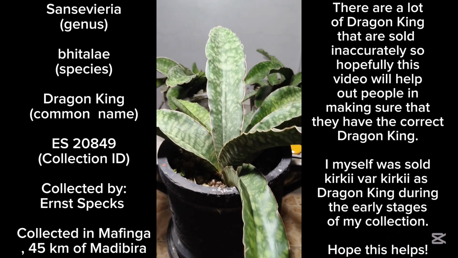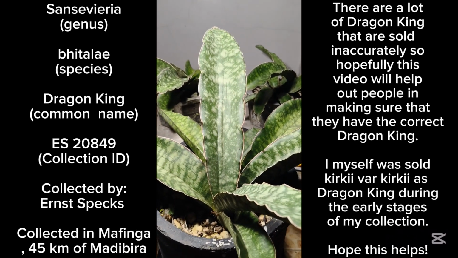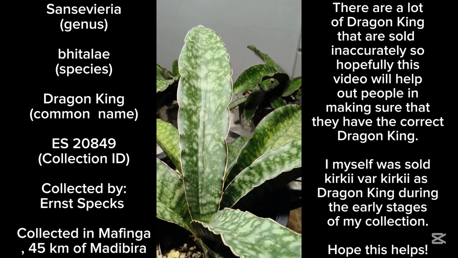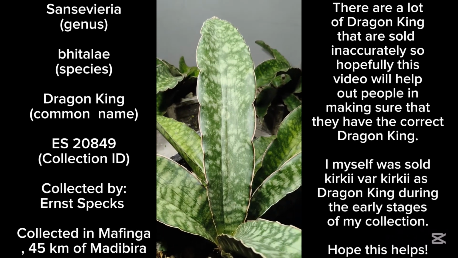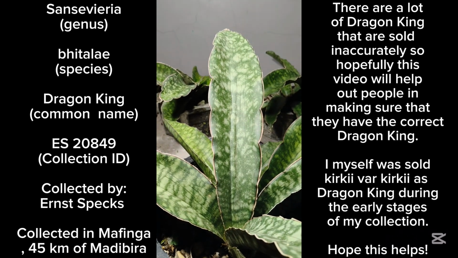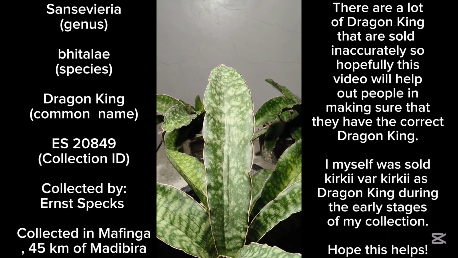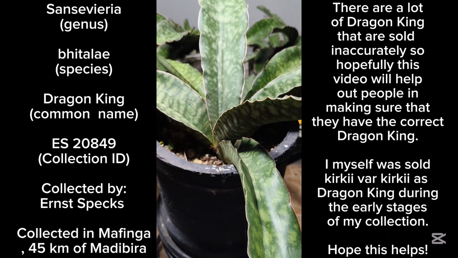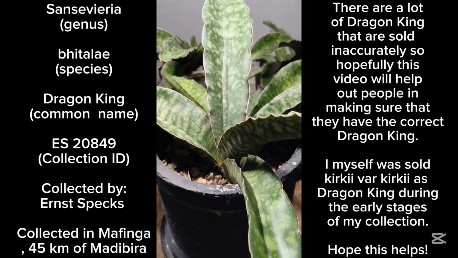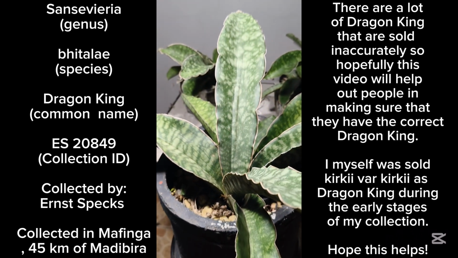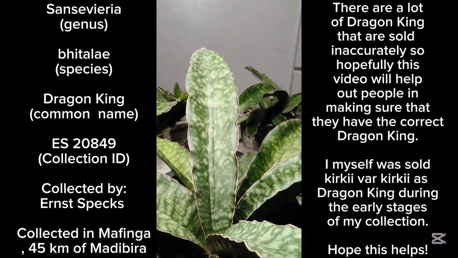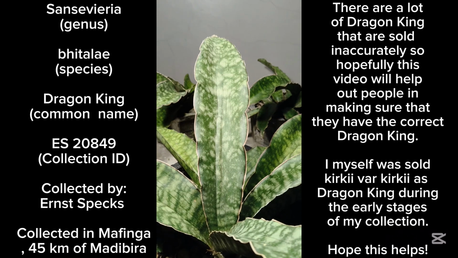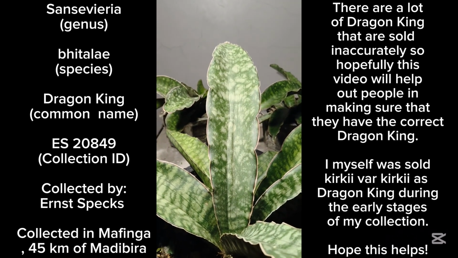This is not even the largest that they can get, but this is the largest in my collection, and I'm also planning to plant them directly into the soil or the ground, where they can get more nutrients coming directly from the soil, and not limited to the space provided by the pot that we plant them in. I have already seen other people plant ES20849 directly into the ground, and I have seen how large they can get.